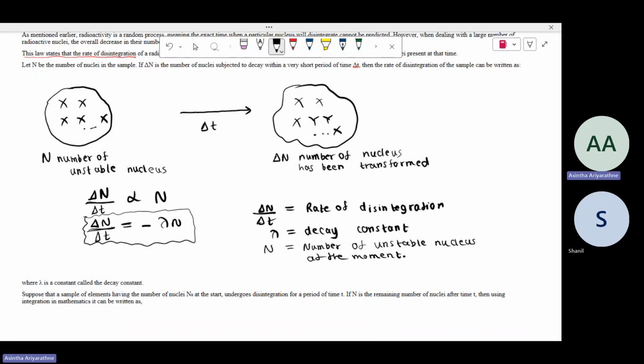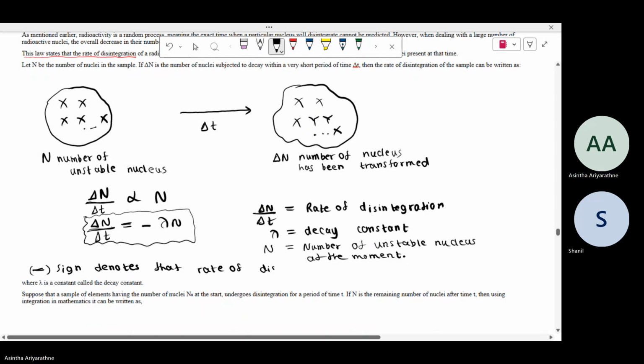Right, so this negative sign denotes that the rate of disintegration always decreases.